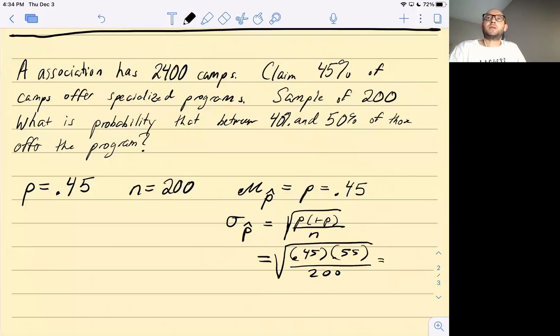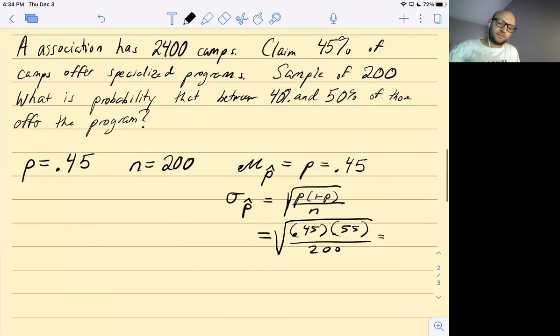Did anyone calculate this number? 0.035, I like it. This is 0.035. So what it tells us is 3 percentage points is 1 standard deviation.